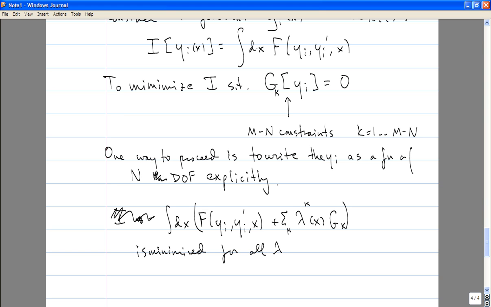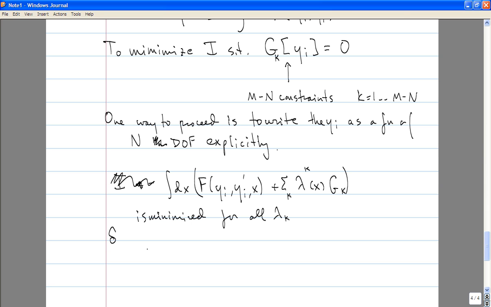And so the equations of motion will then be the variational derivative of I with respect to yi plus the sum over k, lambda k, times the derivative of g with respect to yi. Where these formulas for the variational derivatives are exactly the ones that I wrote down before, and I must, in addition, impose the constraints that gk is equal to 0.